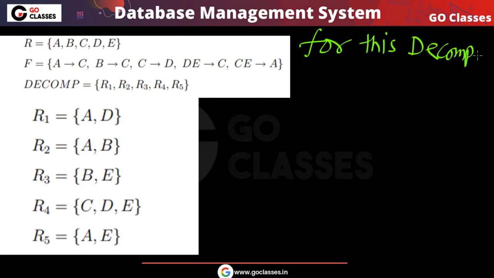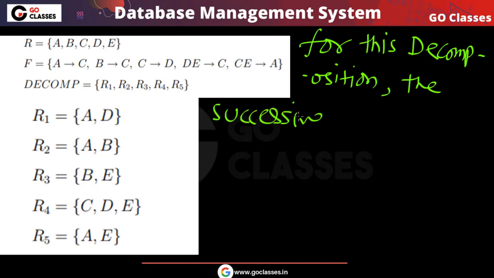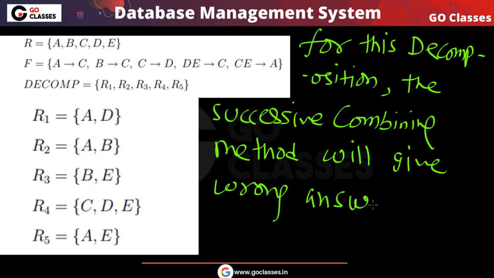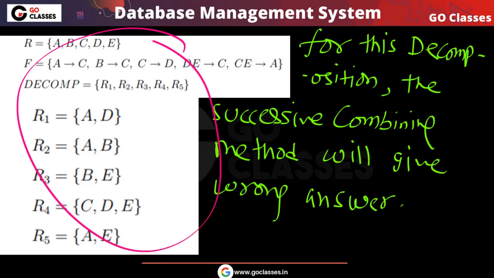For this decomposition, the successive combining method will give a wrong answer. Wrong answer means the successive combining method will give the answer lossy, but the decomposition is actually lossless.